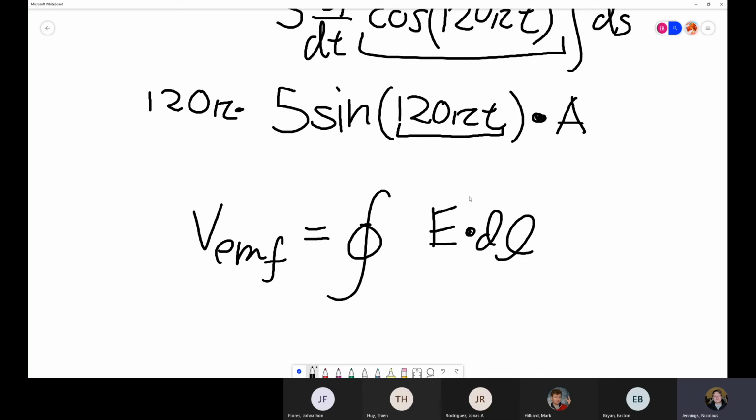Luckily for us, since E of t only varies with time, we can take it out of the integral. We actually do have to integrate dl. It's just 2 pi r.